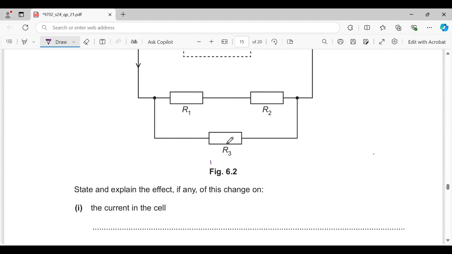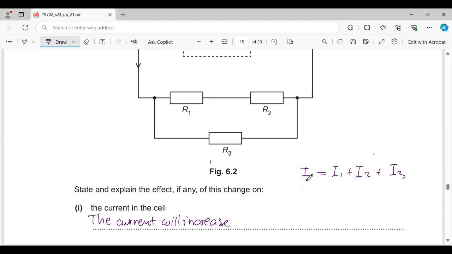If parallel, it means the electric current will increase. Why? Because the total electric current will be I1 plus I2 plus I3. How about resistance?